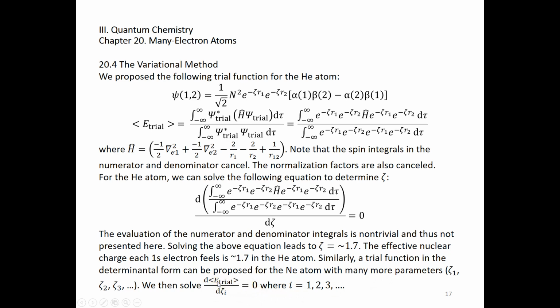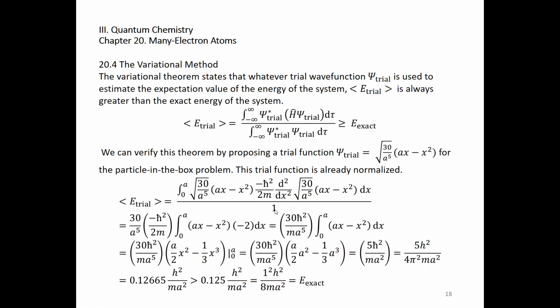The first derivative of the trial energy with respect to parameter 1, parameter 2, parameter 3, they should all be set to 0. And then we can solve for the values of zeta 1, zeta 2, zeta 3, etc. for the neon atom. For any other atoms, we can use the same strategy. It's just we might have many more parameters to be optimized.